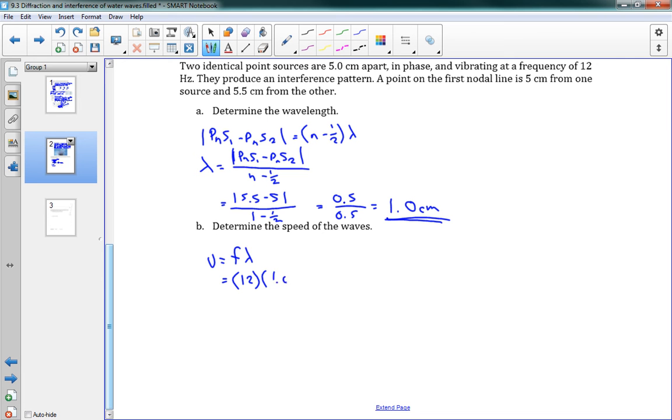So this gives me 12 centimeters per second. And if I want to convert that into meters per second, I can say that's going to be 0.12 meters per second. That's how fast the waves move. And notice it's fairly slow here, but it's a water wave. Water waves don't move all that fast.